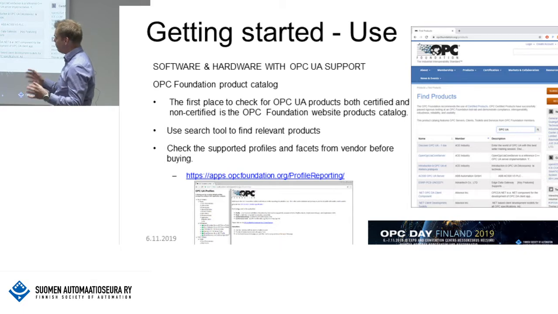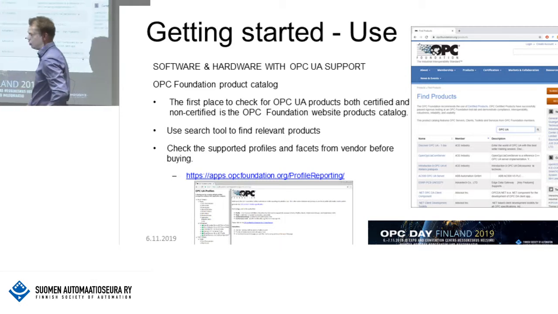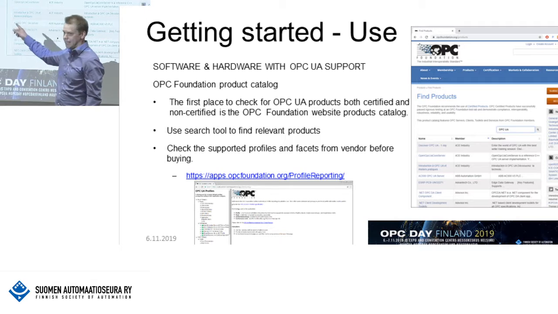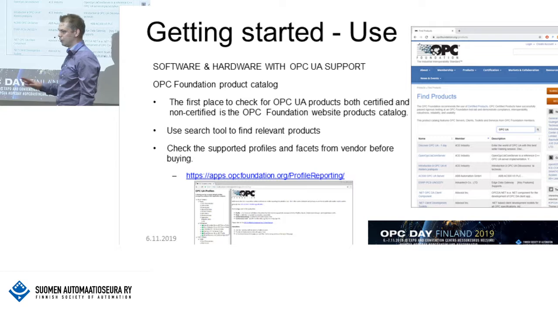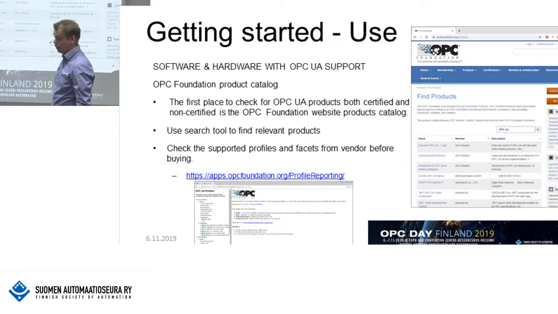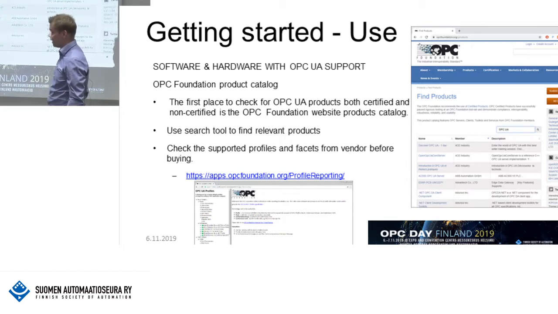What I definitely say is that when you are searching for a product, the typical mistake that you can make is that you don't check the profiles and facets that are supported by the product. This is extremely important because under this OPC UA umbrella, there are a lot of products, and sometimes they support quite strange combinations.